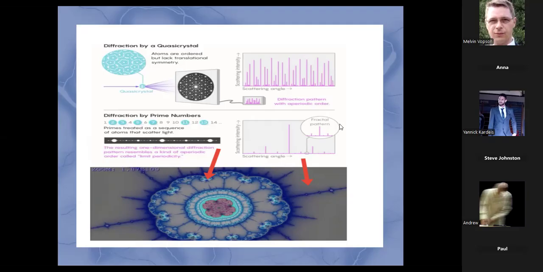Also, you see the fractal pattern they predicted. You can take this scattering angle and go from this, and then we know it is followed by a smaller one, then a medium one, and you see this pattern here is the same, and also the periodicity.